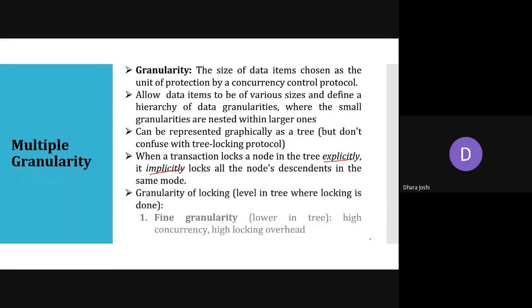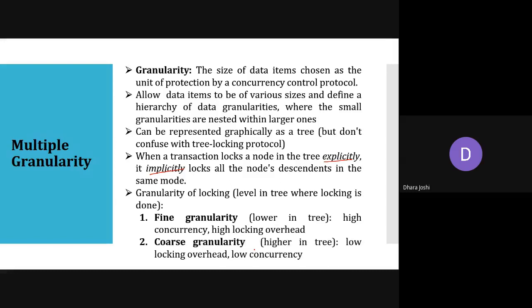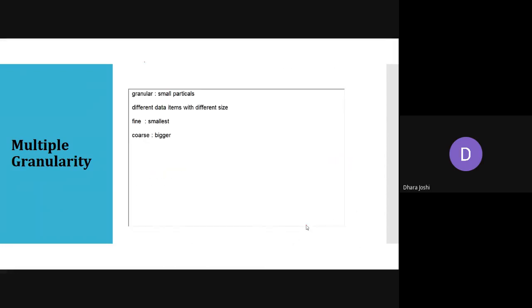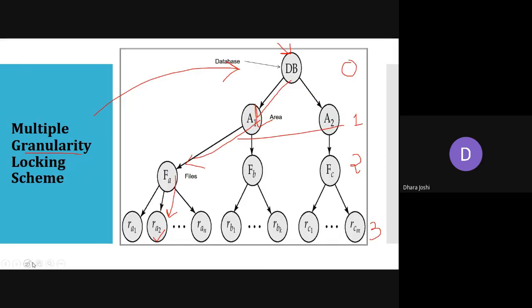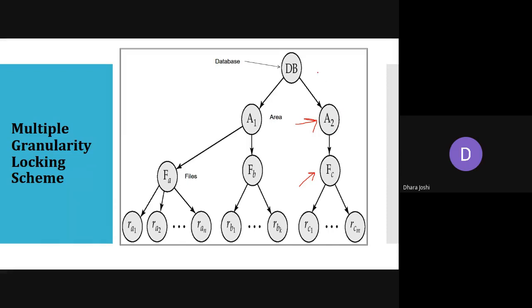We can say these levels can be further divided into fine and coarse granularity. Fine granularity means lower in the tree. If we are talking about these two nodes, the first one is this area A2 and the second one is file FC. So we are finding the level.